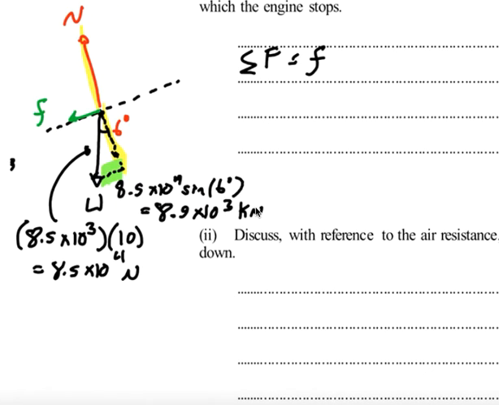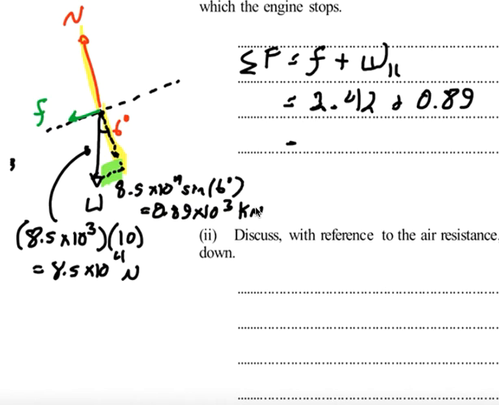Oh no, excuse me. That's 0.89 kilonewtons. Now they're both acting down the ramp, so we'll add the two together. That's the parallel component of the weight. So that's 2.42 plus 0.89. And that gives us a total of 3.31 kilonewtons.